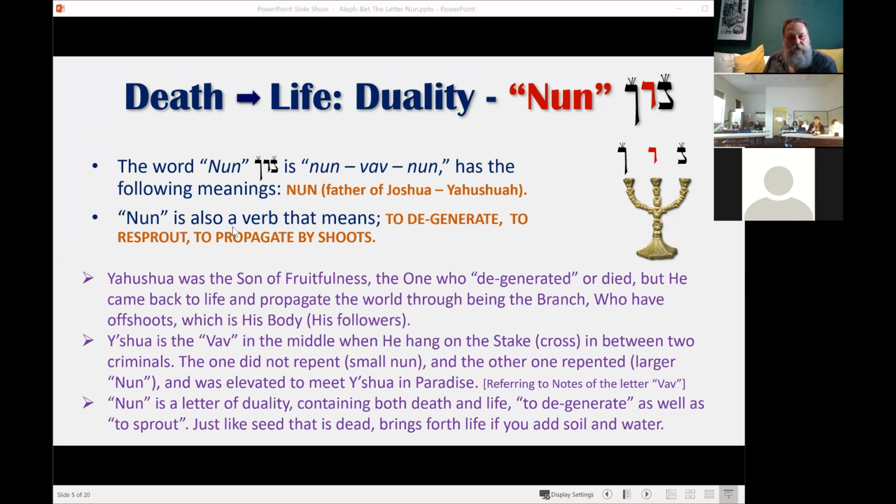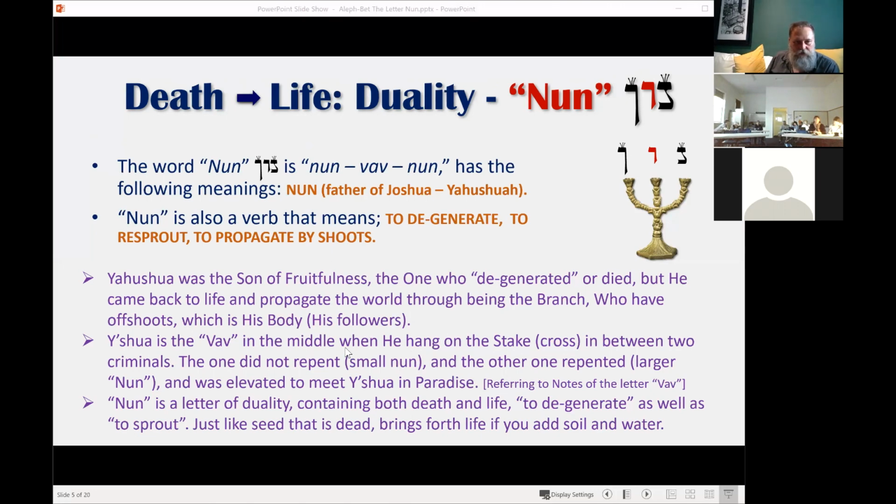But when we look at the word Nun, it has two meanings, a positive and a negative meaning. The negative meaning is to degenerate or to die, and the positive meaning is associated with plants and life and seed, and that is to resprout or to propagate and to expand and grow like shoots from a branch. So we see that there's a form of black and white, negative and positive.